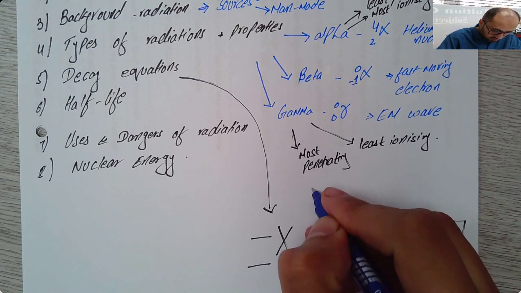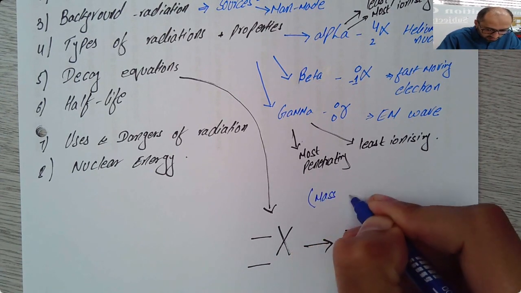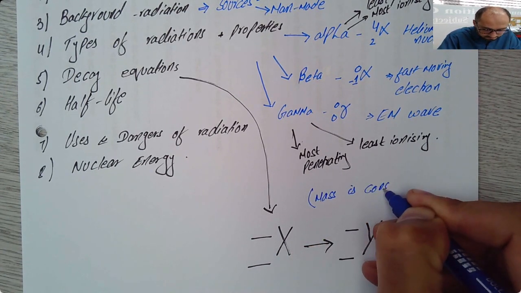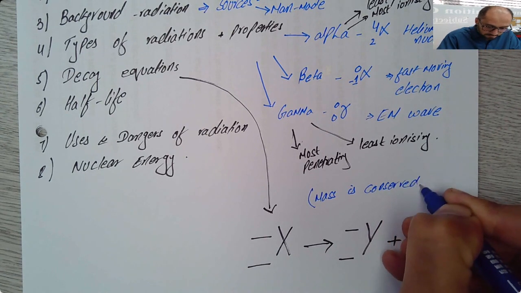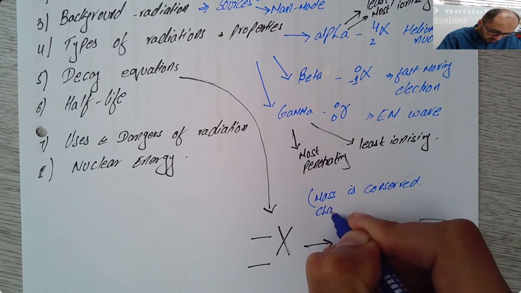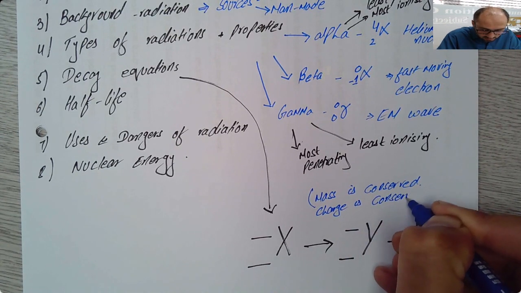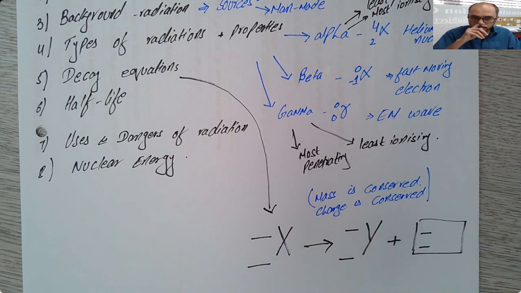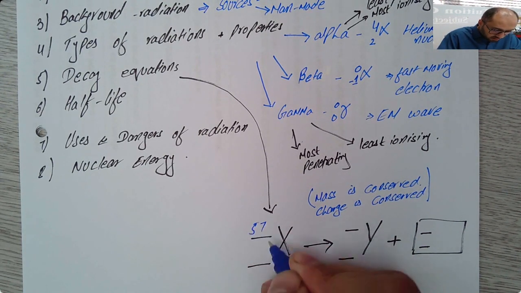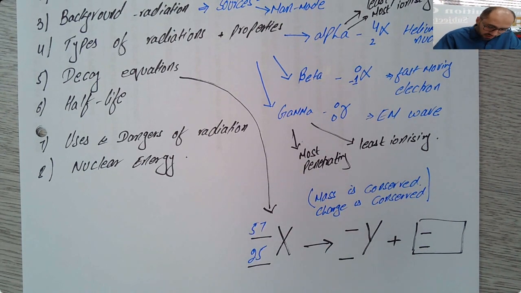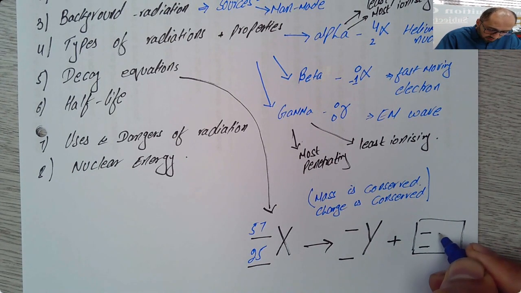So here I can say mass is conserved and charge is conserved. I'm just going to make it up now, right? For example, let's say we've been given two numbers. Here it is 57, here it is 25. And it gives out alpha radiation, which is 4, 2.